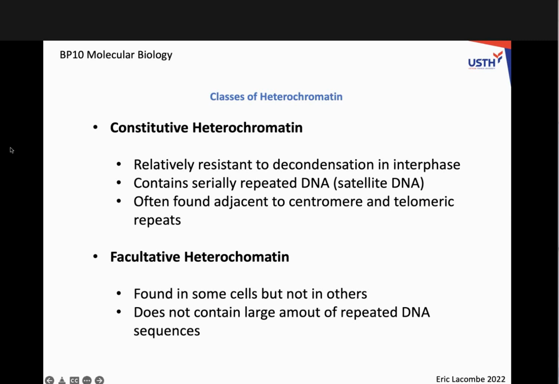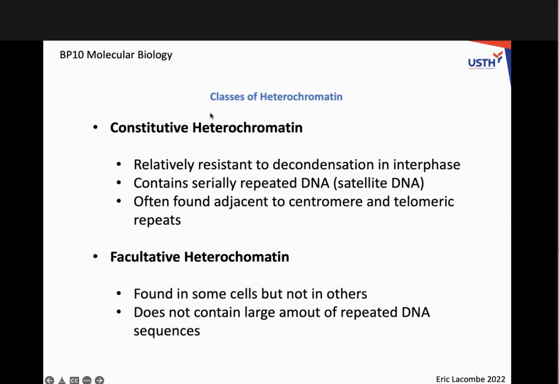So, the constitutive heterochromatin, the characteristic is that it will be condensed in all the different stages of the cell cycle. So during the interphase, during the mitosis. And we find this constitutive heterochromatin mainly in all the regions of the genome that contain repeated sequence.